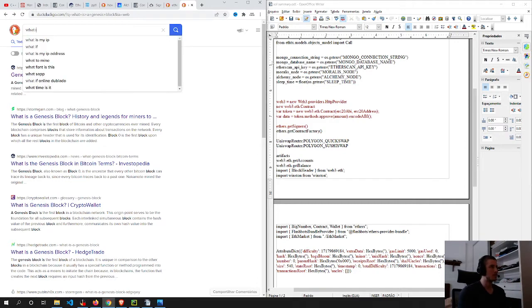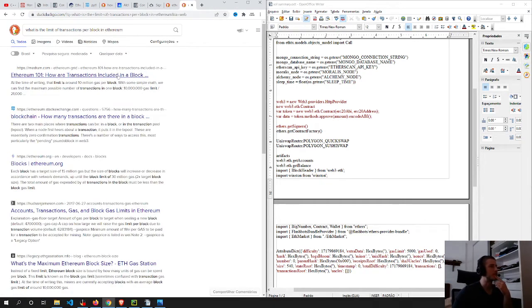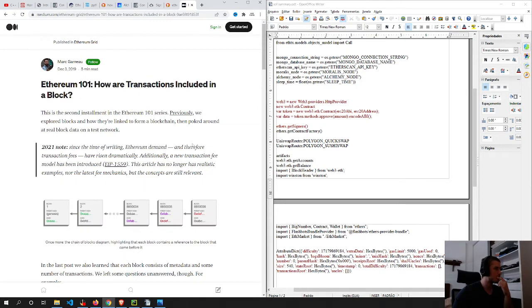What is the limit of transactions per block in Ethereum? I wonder how the limit was decided as well.